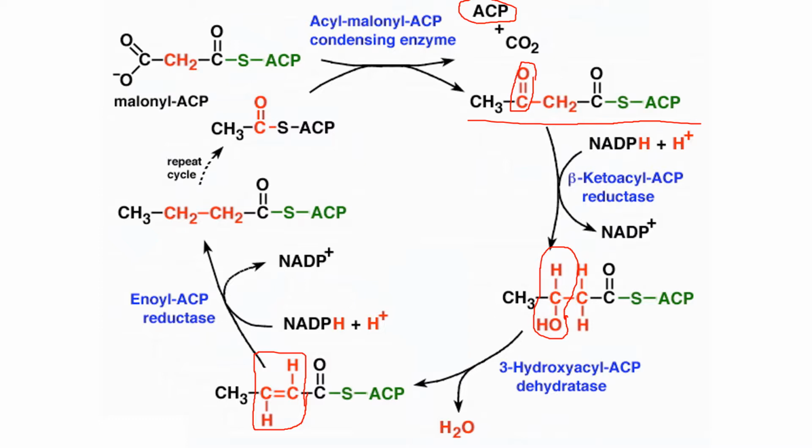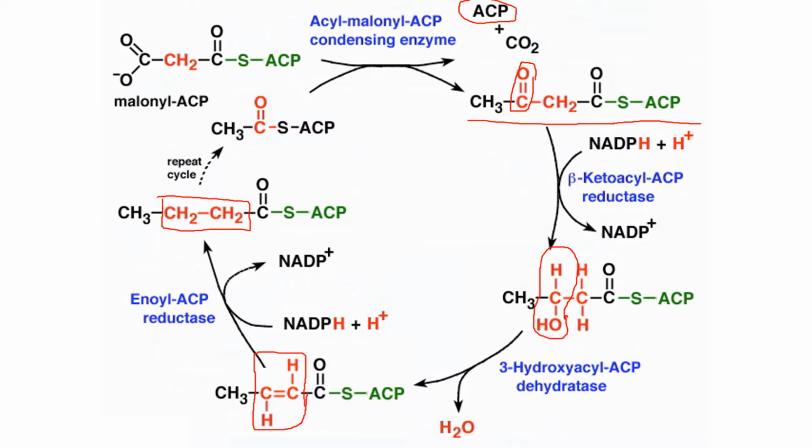And in the fourth reaction, we are going to reduce that double bond here to a single bond. And in effect, what we produce is a 4-carbon butyryl ACP.